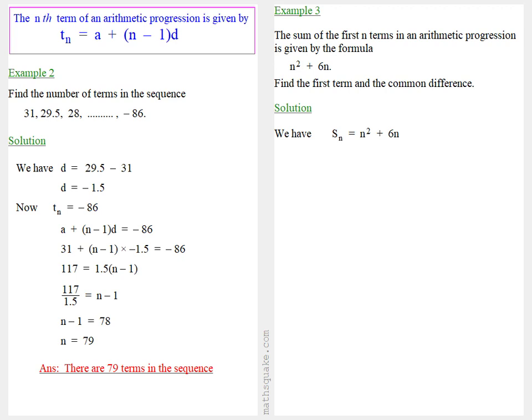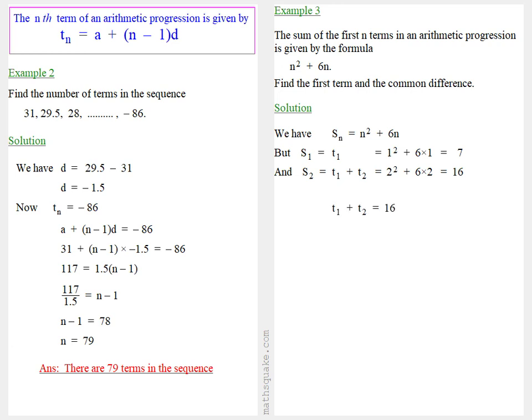If we just consider S1, S1 is the sum of the first term, so it's just the first term. So S1 is equal to T1, which is equal to 1 squared plus 6 times 1, which is 7. Now S2, the sum of the first two terms, is T1 plus T2, and that's equal to 2 squared plus 6 times 2, which is equal to 16.